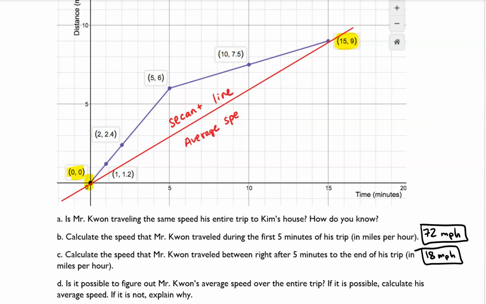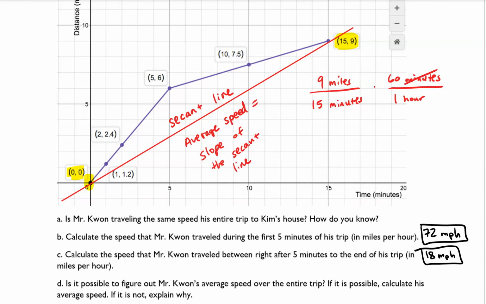Okay, so again, I calculated the slope formula earlier. That was 9 miles over 15 minutes, but I still need to convert that to miles per hour. So I'm going to multiply that by 60 minutes over 1 hour.